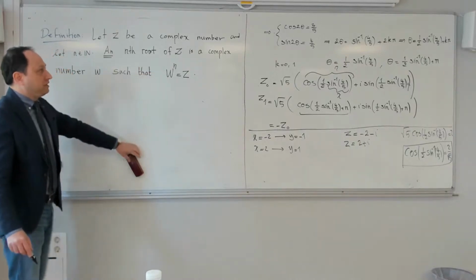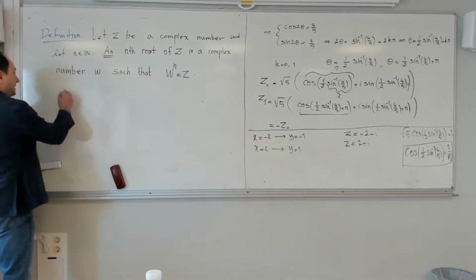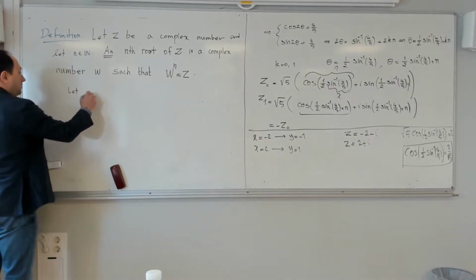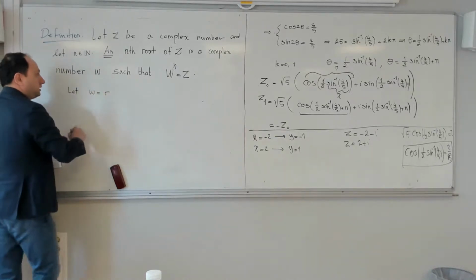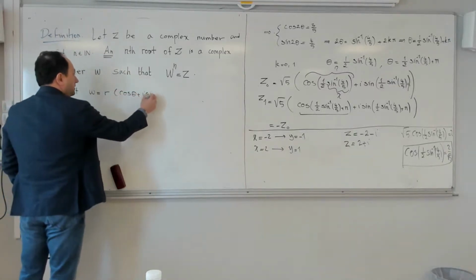Using the method of polar form. I would say let W be R times cosine theta plus I sine theta.